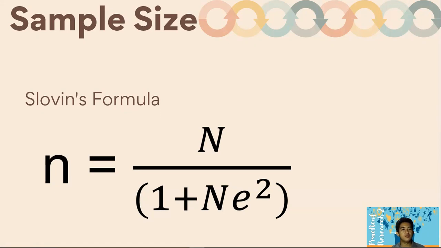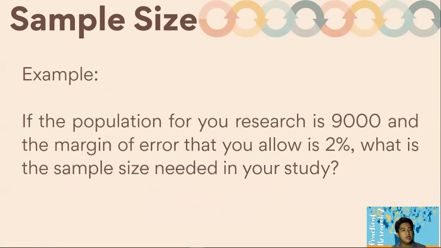So we may use different percentages depending on what you wanted to have. For example, if the population for your research is 9,000 and the margin of error that you allow is 2%, what is the sample size needed in your study?